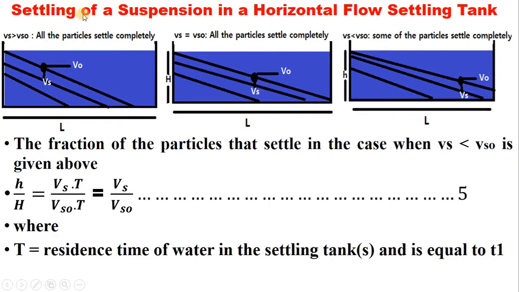Now, look at the settling of a suspension in a horizontal flow settling tank. As you can see for this first part, it's already sedimented, it's already settled at this point.